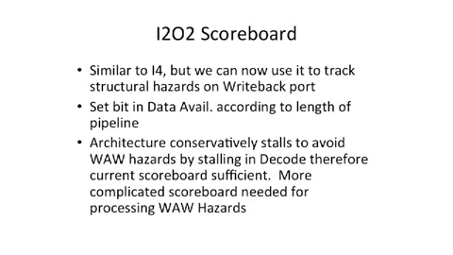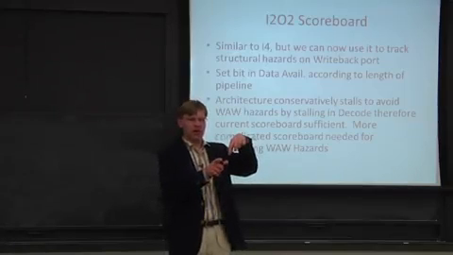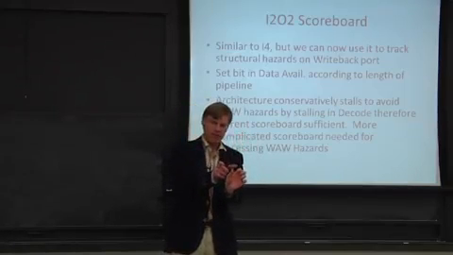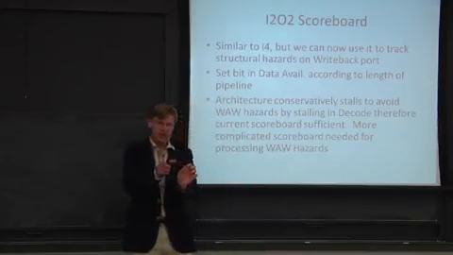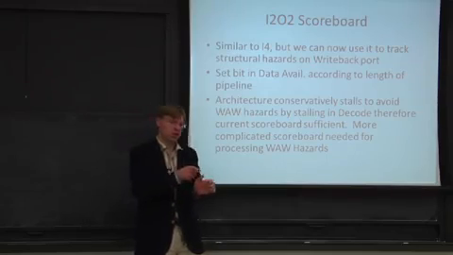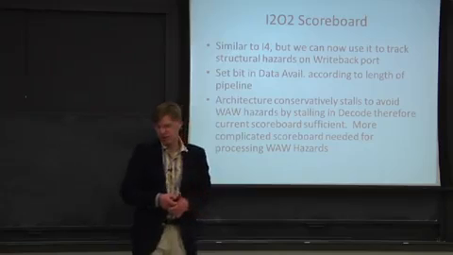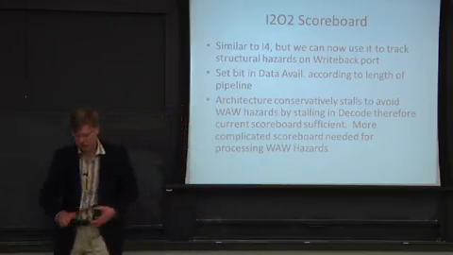And we can use it to track structural hazard on the write-back port. And this is really important. If you try to have, let's say, a multiply and then an add after it, it's possible that the multiply and add, under pipelining, might have to go use the write-back port at the same time. So you get a structural hazard. And we're going to show a pipeline diagram of that happening in the next slide.